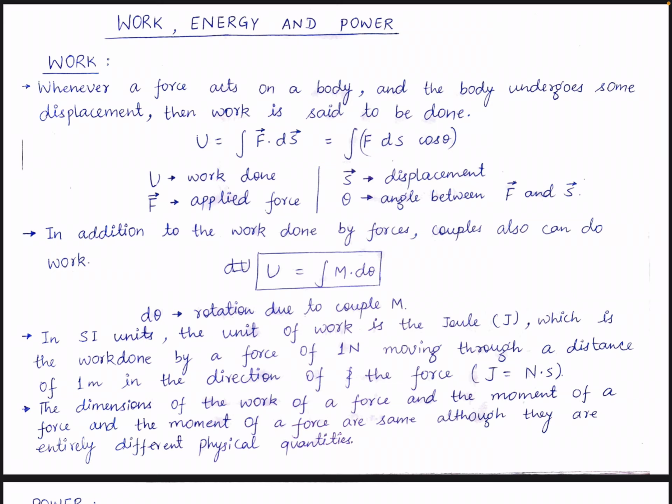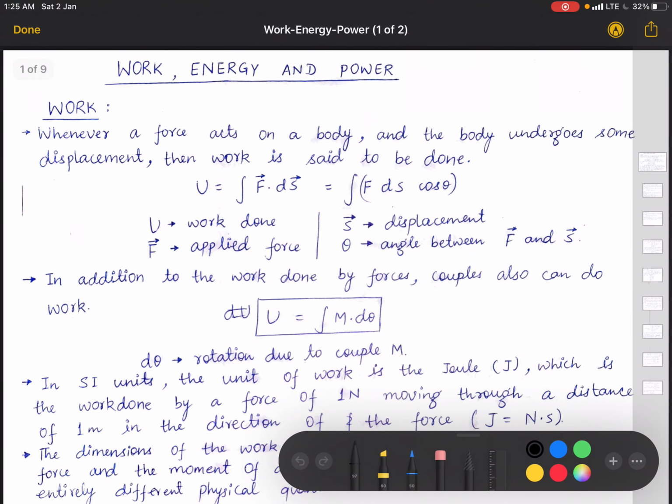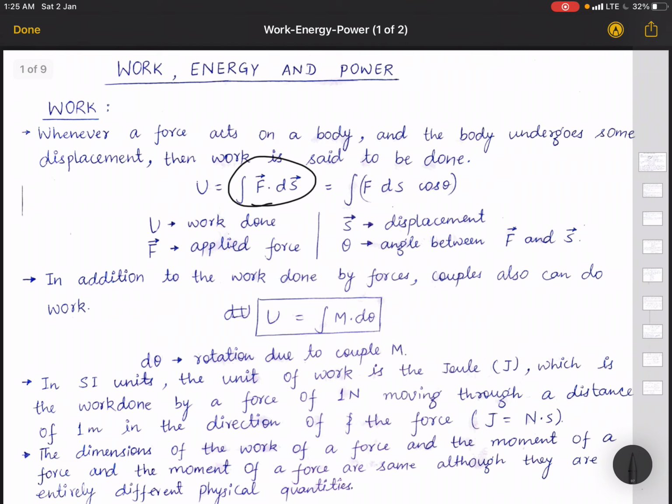Even though the displacement and force are both present simultaneously, why? Because the work done is the dot product. Here you can see, this is the dot product, F dot ds. Both are vectors, but the resultant quantity, which is work, is a scalar quantity.